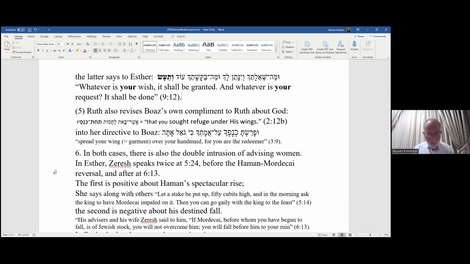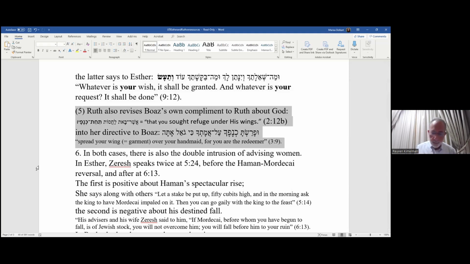Now let's turn to number 5. Ruth also revises Boaz's own compliment to Ruth about God. What does Boaz say? He says, "Asher bat lachasot tachat kenafav," that you sought refuge under his wings, referring to God's protective element.